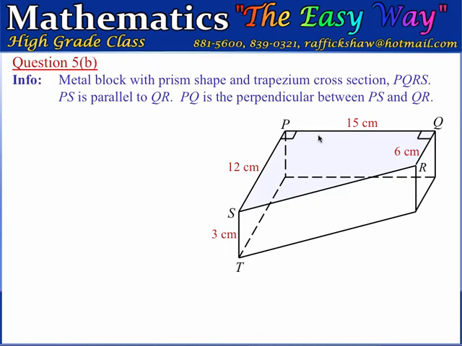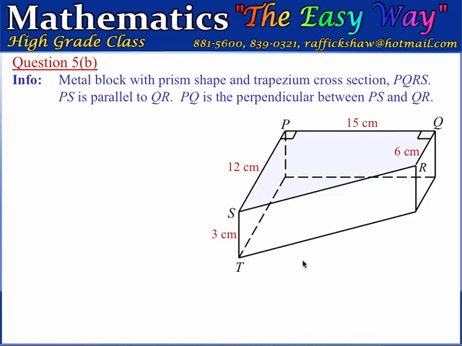This trapezium PQRS is the cross section of this metal block, and the trapezium has PS and QR as the parallel sides, and PQ represents the perpendicular distance between those parallel sides on the trapezium. And then we will observe that the height of the metallic prism is 3 centimeters.